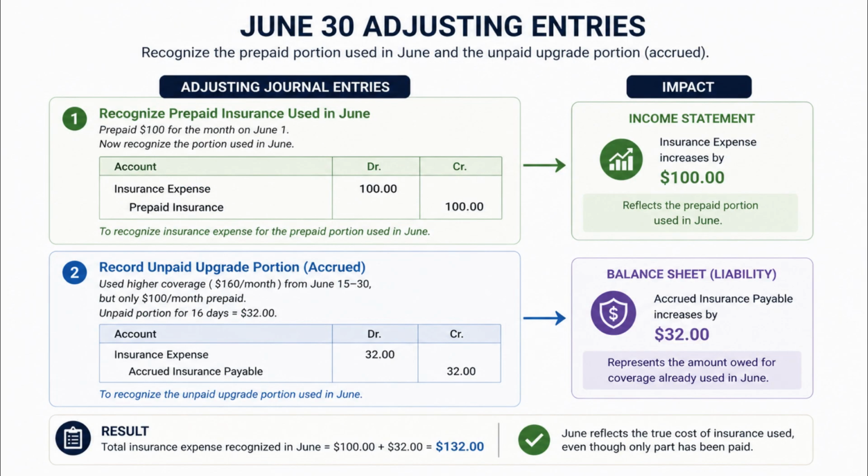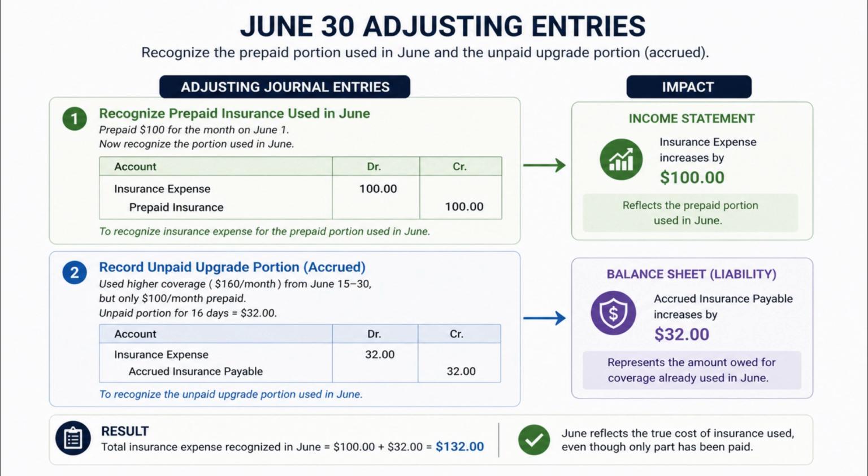So now we record what actually happened. Firstly, recognize the expense from the prepaid. We debit our insurance expense for 100 and we credit prepaid insurance for 100. That takes care of that original prepaid insurance asset that we purchased at the beginning of the month. Next, we record the accrued portion and we debit our insurance expense for the $30 and we credit the accrued insurance payable for the same $30.